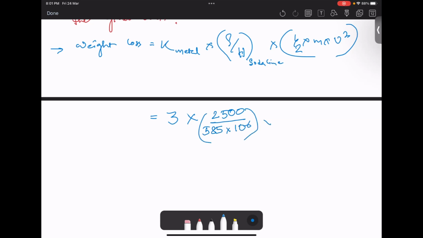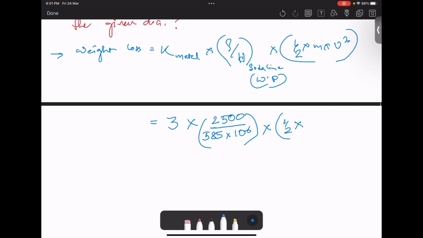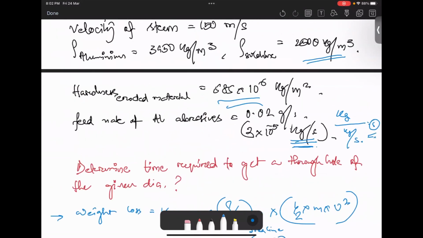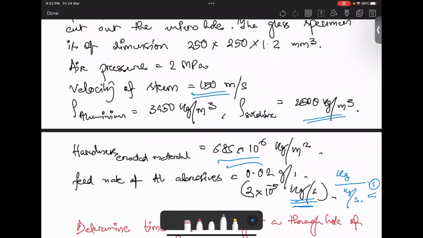Okay, and soda lime is your workpiece here, in which you have to get the through hole, and then you have the kinetic energy of the abrasive, which is given by half of the mass of the abrasive particles, which you have to find out from the given data, and then the velocity, which is given as 150. You can see the velocity of the stream is 150.